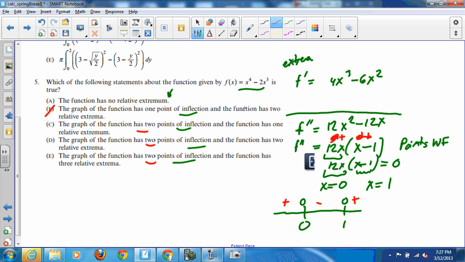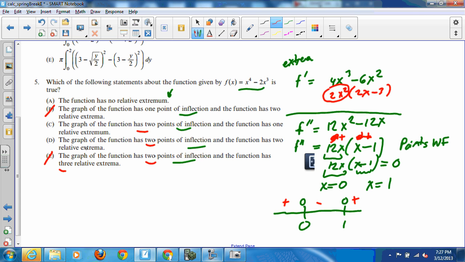We have to see if it has 1 relative extrema or 2 or 3, I suppose. What's factorable here? We can take out a 2 and x squared. Leaves us with 2x minus 3. So there's really only 2 points.